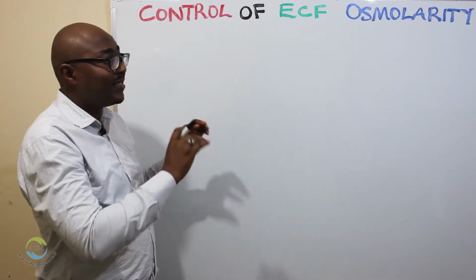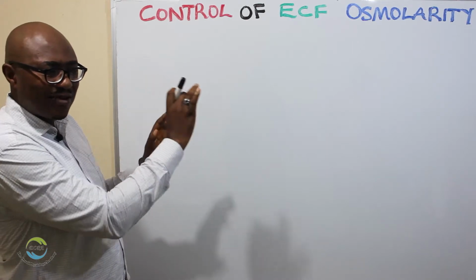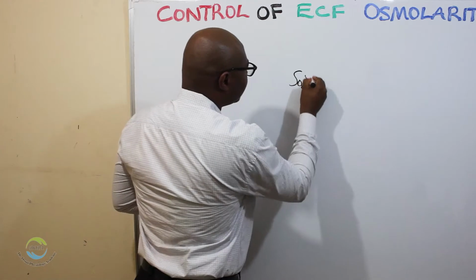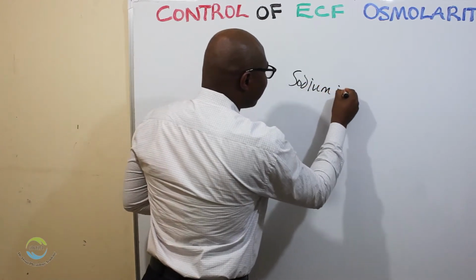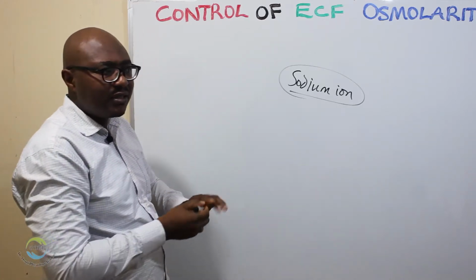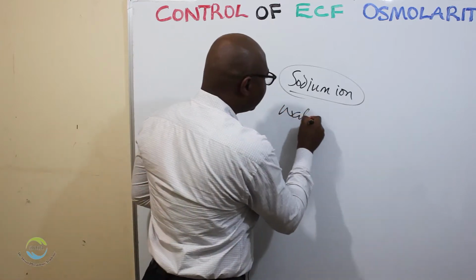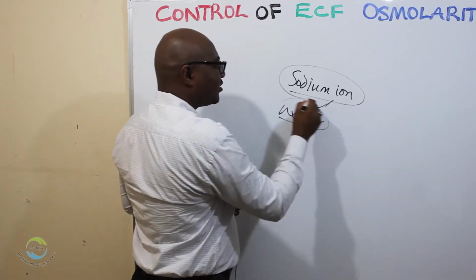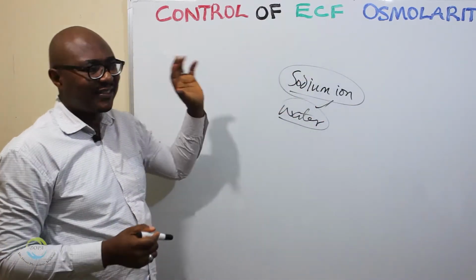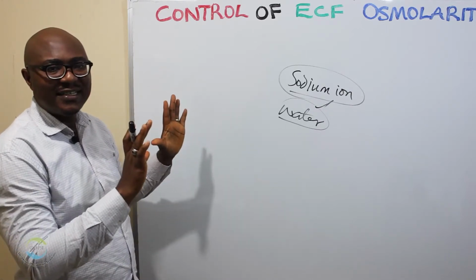And we know that the major ion in the ECF is what? Sodium. Sodium ion. So whenever we're talking about ECF osmolarity, a lot of what we'll be talking about is water and sodium, these two, because sodium is the most abundant ion or electrolyte in the ECF, okay?